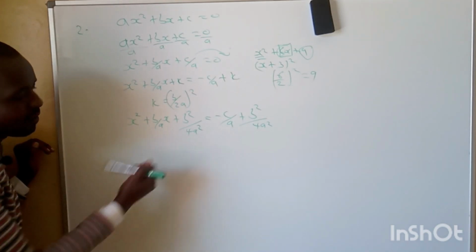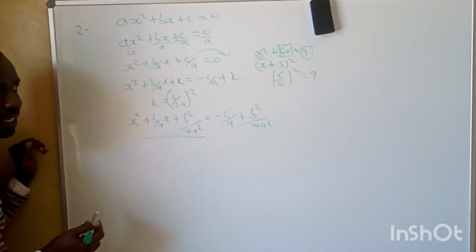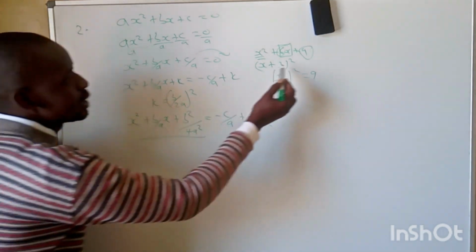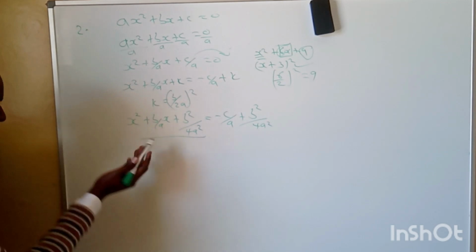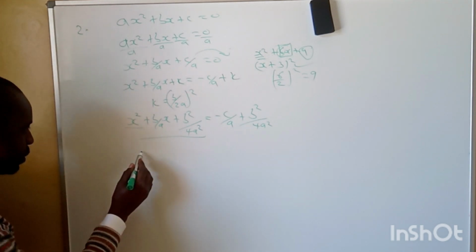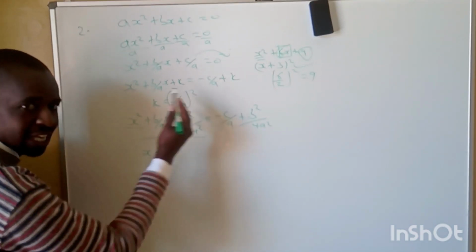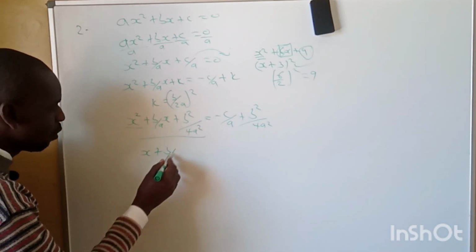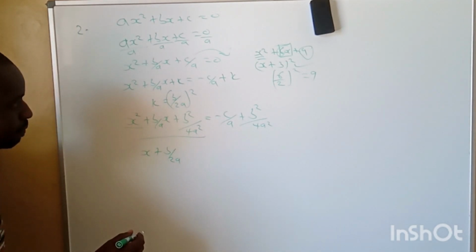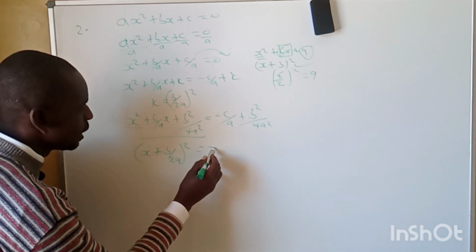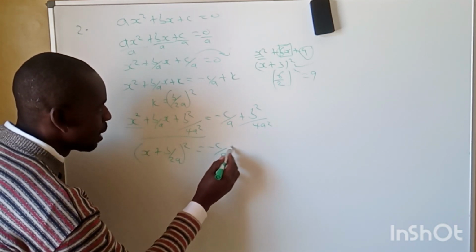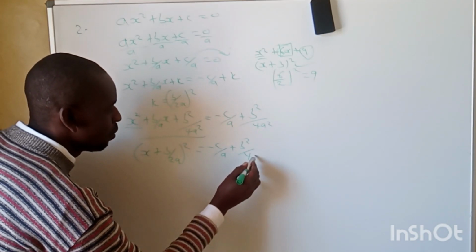Since now it is perfect, how can we factorize this side? I've just explained how you can factorize. If it is perfect, you only take the square root of this one, which is x, plus the square root of the last part, which is b over 2a. Then you square, is equal to negative c over a plus b squared over 4a squared.